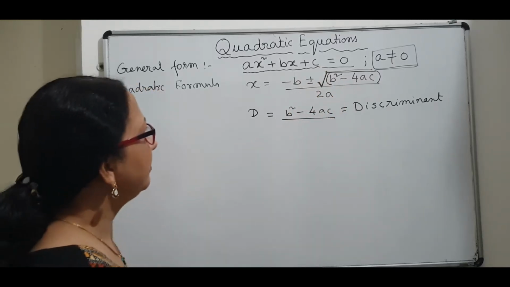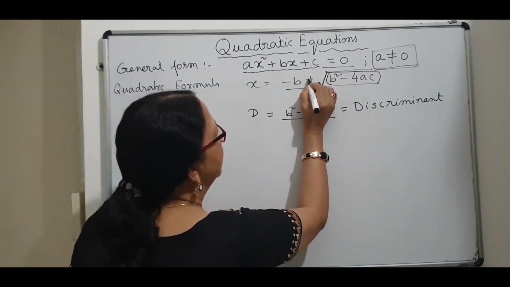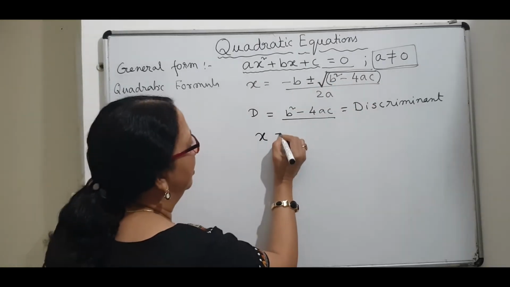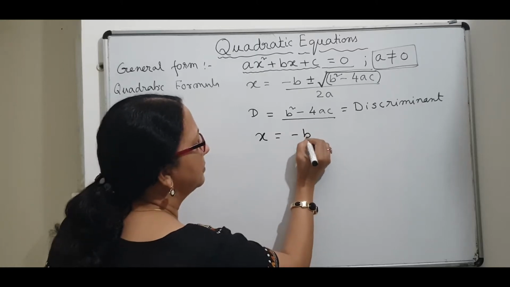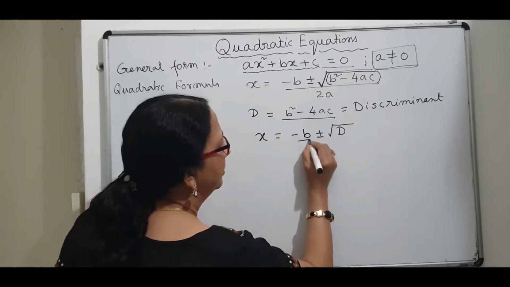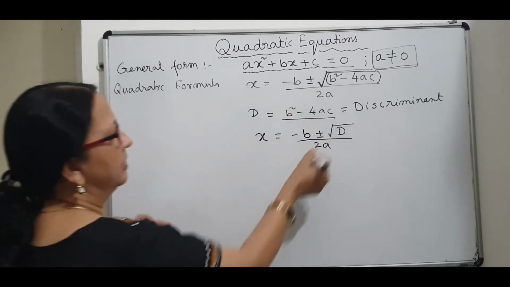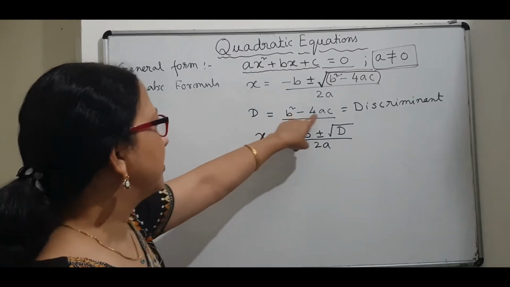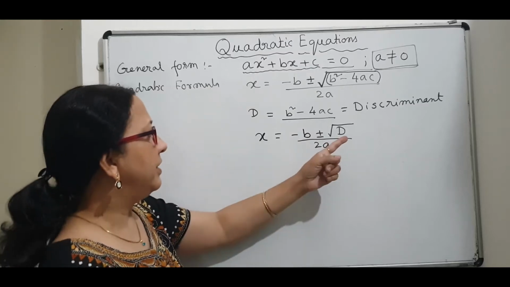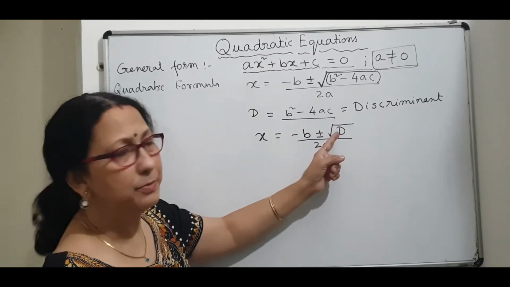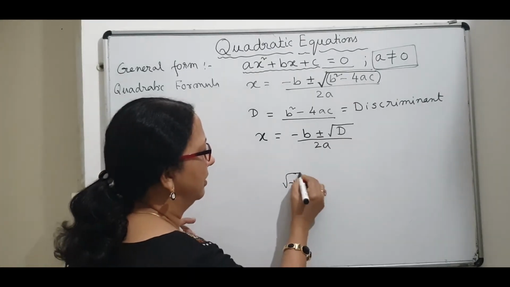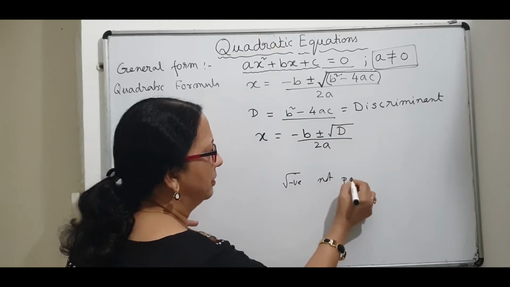As you see, there is a plus minus sign before this D. Let me write down this formula in a simplified form: minus b plus minus under root the discriminant upon twice a, where D is the discriminant. Now D has to be positive, because a negative number under a square root is not possible in reality.